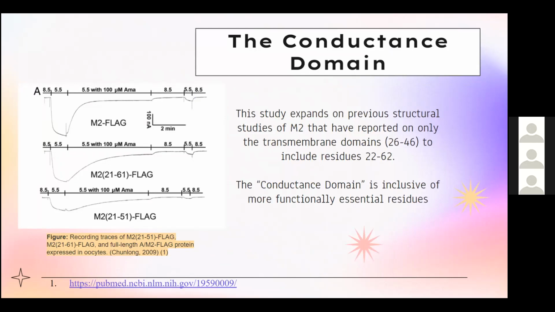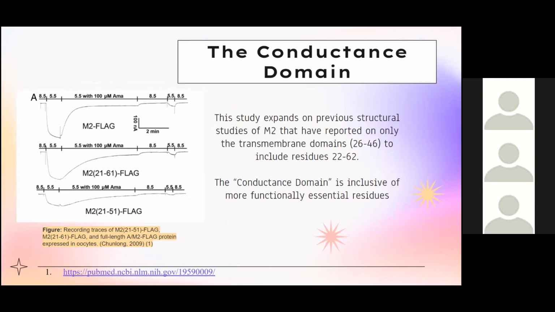However, the authors cite a study by Ma et al. at Northwestern University's Department of Biochemistry that suggests a greater length of functionally important residues exist beyond the transmembrane domain. So by taking these extra residues in addition to the transmembrane domain, we get what is referred to as the conductance domain of the M2 protein. And that's what we're really zeroing in on here.